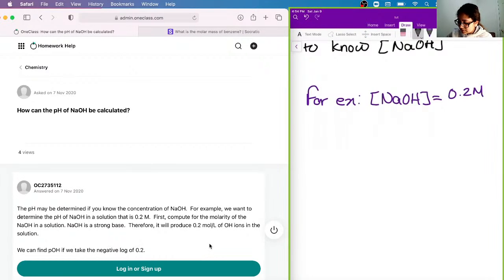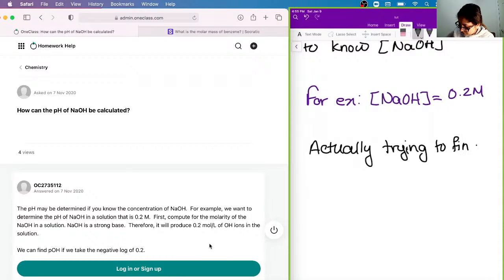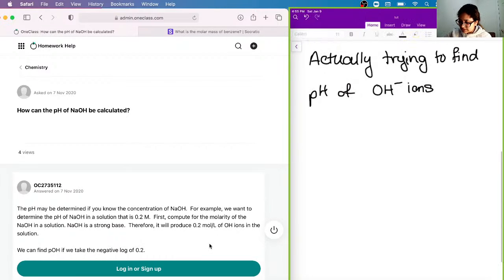When we're trying to find the pH of a substance, we're actually trying to find the base or the ions of that particular substance. So in this case, we're trying to find the pH of the OH ion. We can find this by taking the pOH.